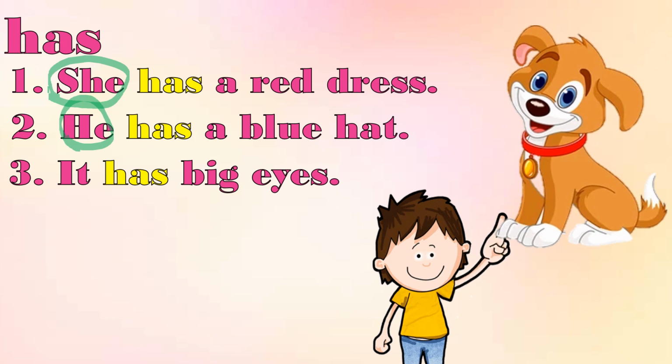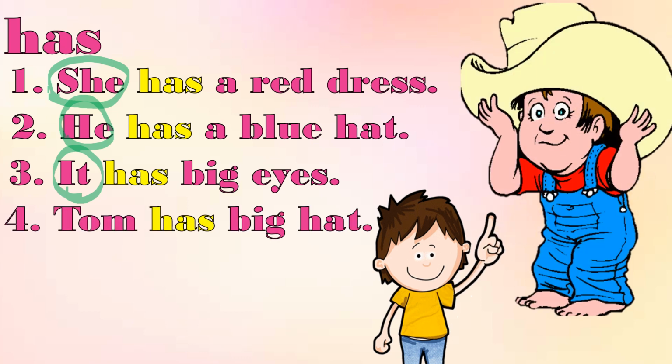Similarly, it is a dog. It has big eyes. So it is a singular pronoun, and with a singular pronoun, you know we use the helping verb has. And the last one is Tom has a big hat. Here Tom is the subject and Tom is a singular noun, and the word has is telling about the possession. So with a singular noun we use the helping verb has.